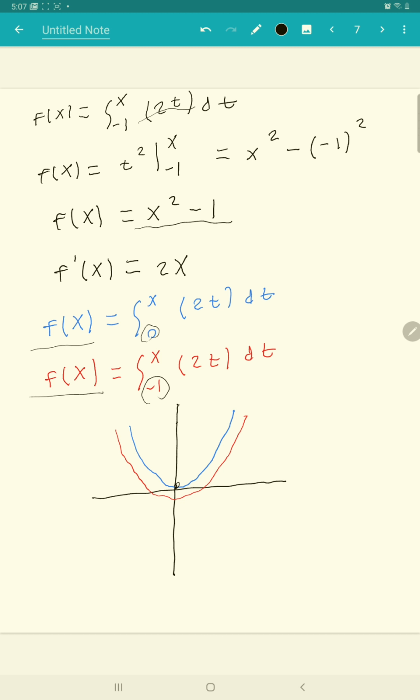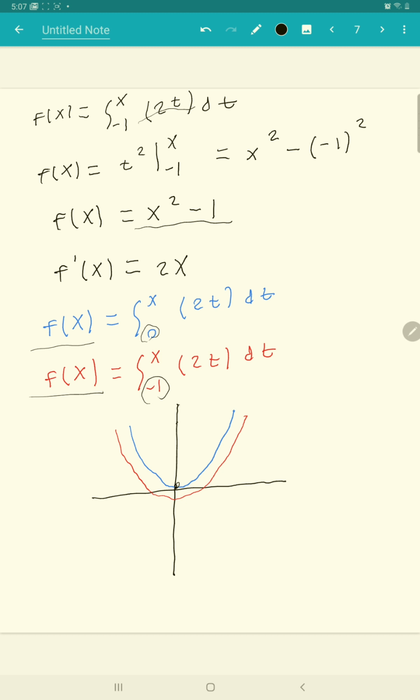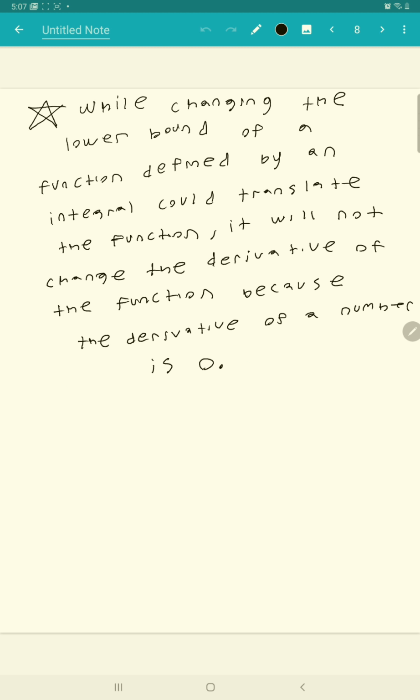But the derivative of both functions will be exactly the same because the slope of these graphs at every point will be exactly the same, because this translation is not affecting the slope. So my comment is, while changing the lower bound of a function defined by an integral could translate the function, it will not change the derivative of the function because the derivative of a number is 0.